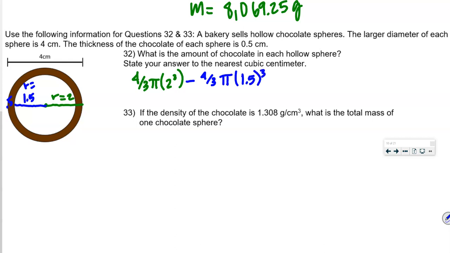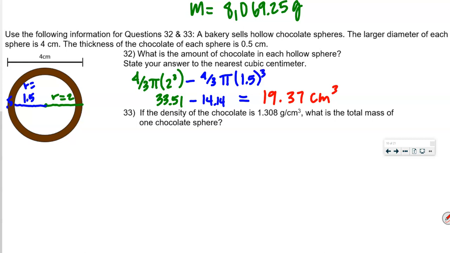So when I did this, I got 33.51 here. And for the other one, I got 14.14. So we subtract those, and we get that the volume, or how much chocolate it takes, basically, is 19.37 centimeters cubed, because that's what it's asking us. The amount of chocolate in each hollow sphere, okay?